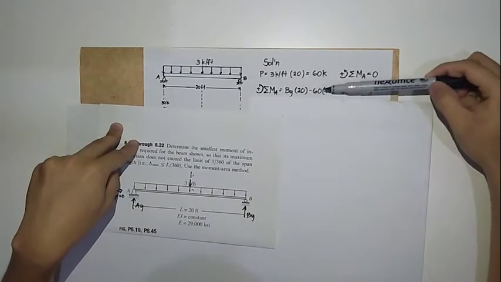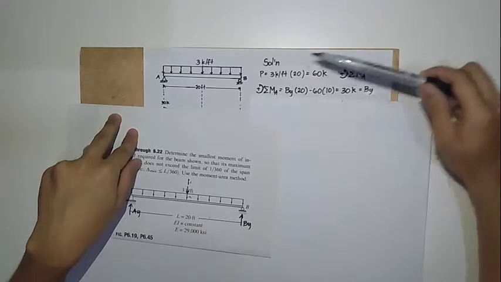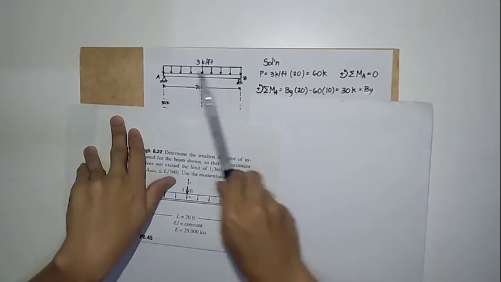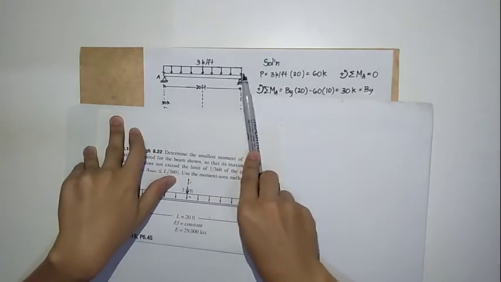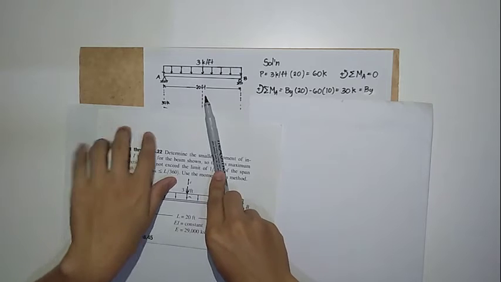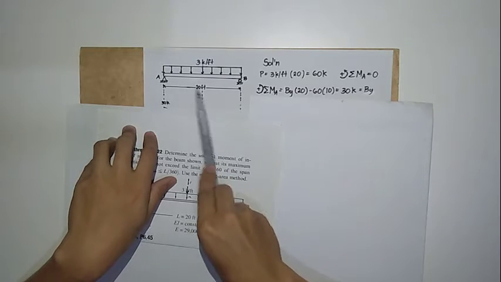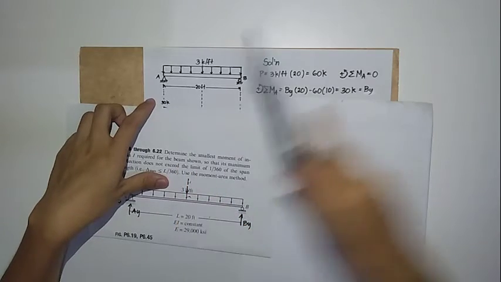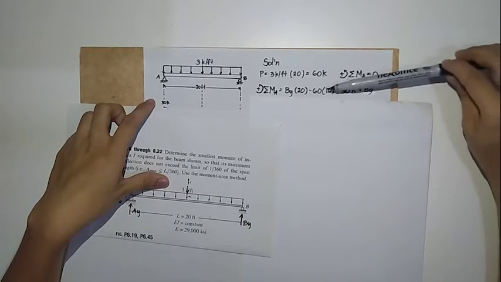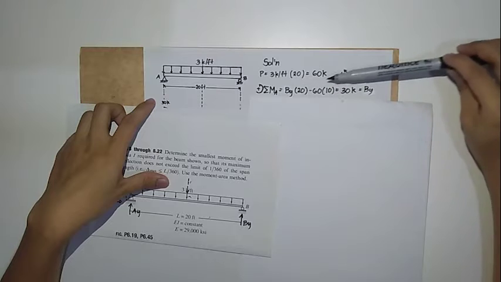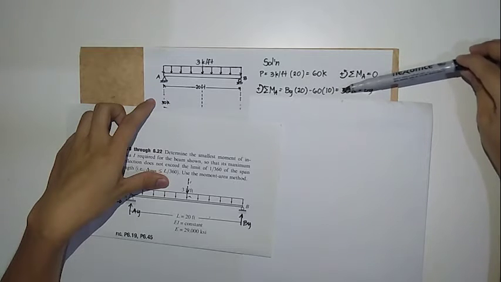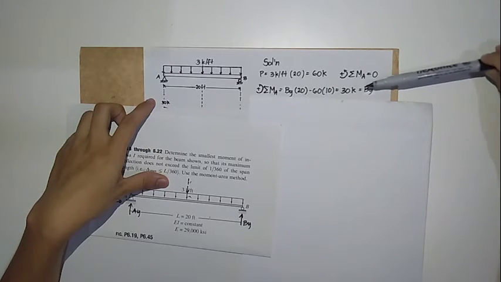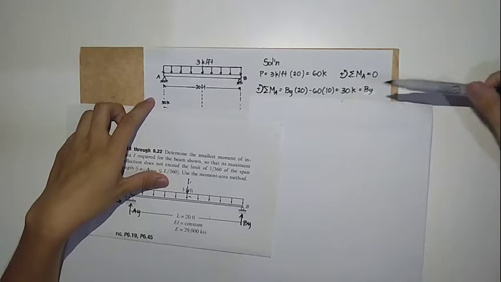So, minus 60 times its moment arm of 10 feet, kasi ito ay distributed load, kaya sa gitna lamang from this point to this point. So, 10 feet. So, 20 times BY minus 60 times 10 equals 0. So, nakuha natin ang answer na 30 kips. So, meron na tayong BY.